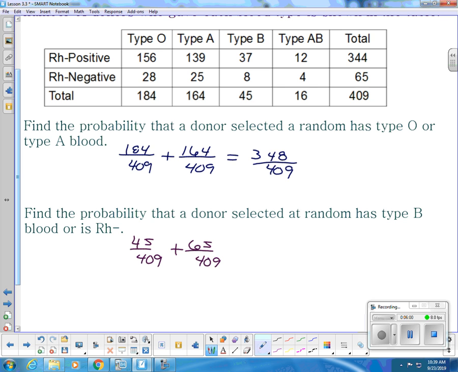No. What do we have in the intersection there? Okay, so you have 110 minus 8 is 102 out of 409. Does that make sense? Easy enough? Addition rule.